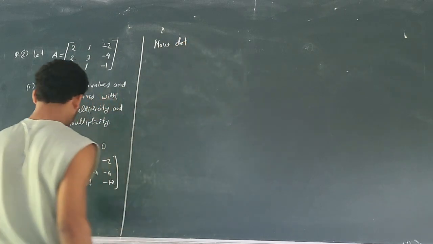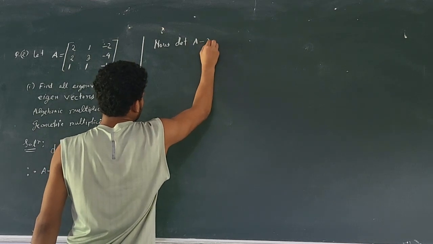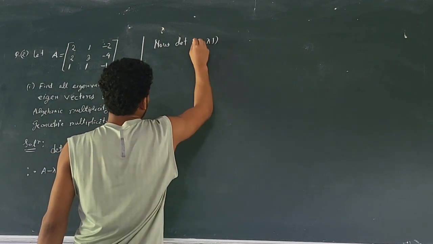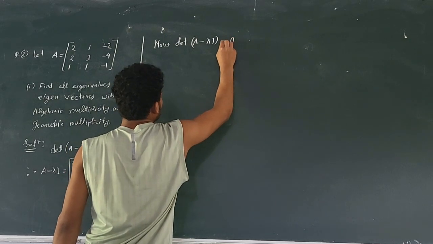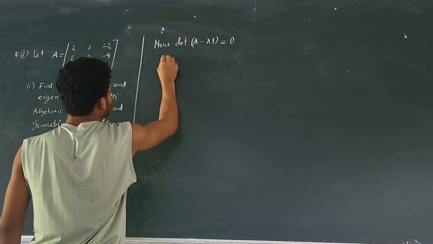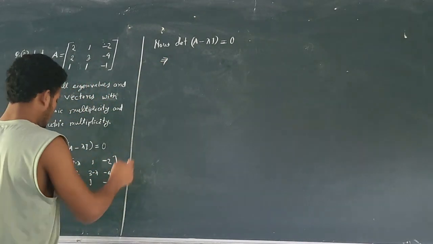Determinant of A minus lambda I equal to 0. This simple equation gives the eigenvalues, so find the determinant of this matrix.